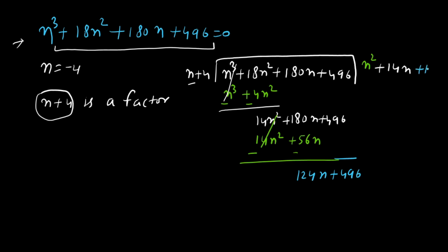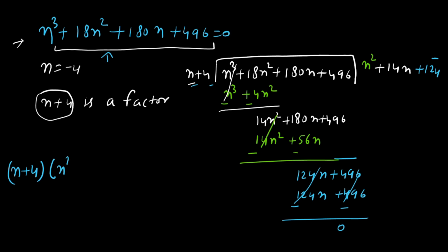Here if we take 124, then 124 multiplied by n gives 124n, and 124 multiplied by 4 gives 496. Then negative and negative, so this expression cancels out. Then the factorization of this cubic is n plus 4 multiplied by n square plus 14n plus 124, and this equals 0.